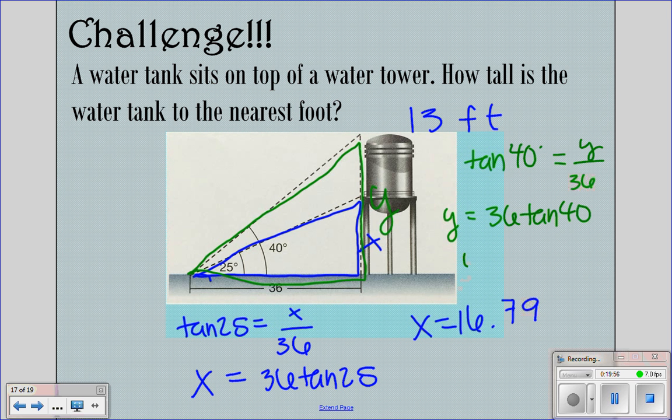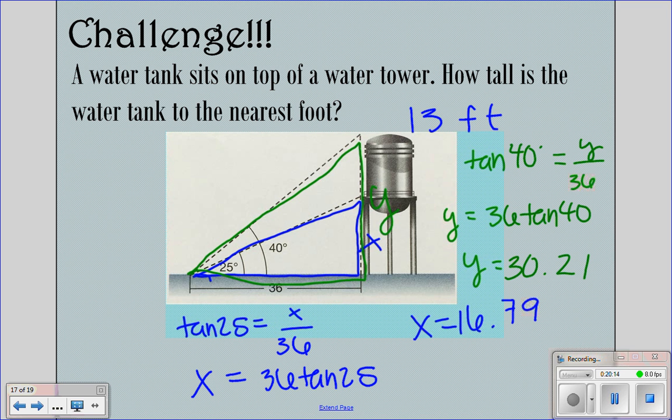And so your y value, you're going to get 30.21.